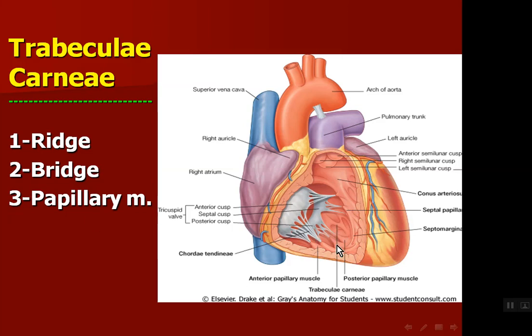And the last one is the papillary, which is a place for attachment of the valve by some tendons. The function of the bridge muscle is connecting the walls of the ventricle for better coordination of the heartbeat. So it is useful for this.